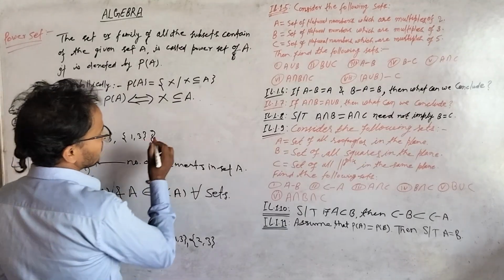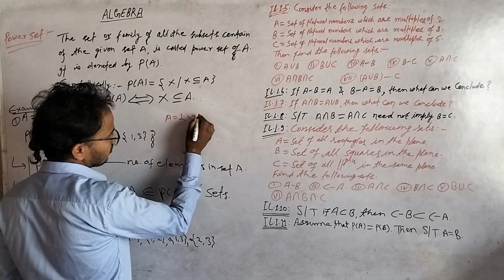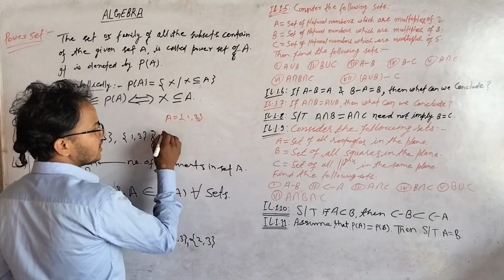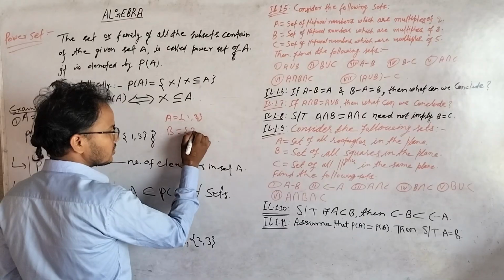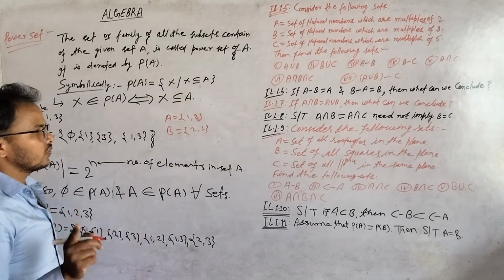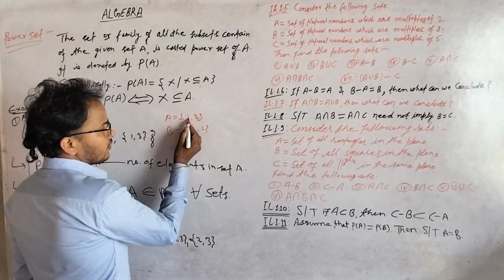You can see why we do not write {2,1}: suppose A is the set {1,2}, and another set is {2,1}.